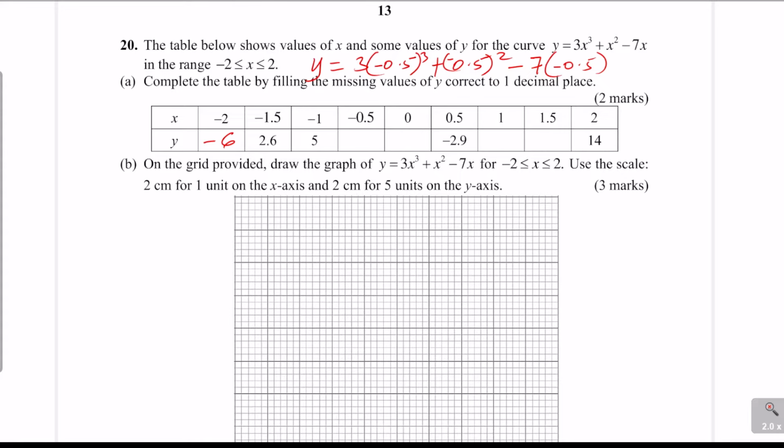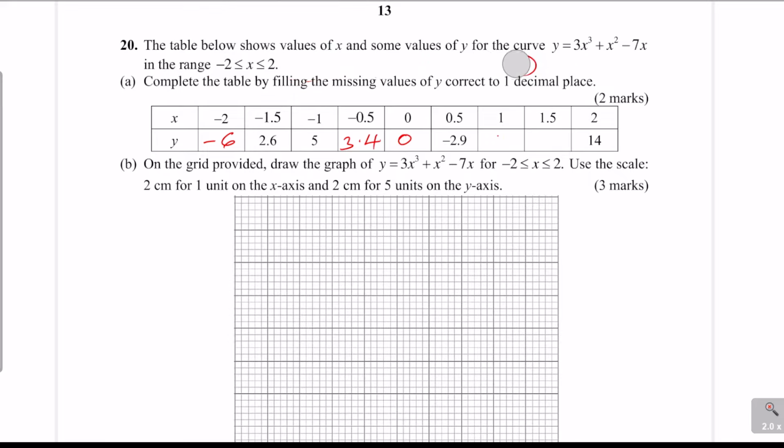Feed that in the calculator the way it is, and you will get positive 3.4. The next one is 0. So y is equal to 3 times 0 cubed plus 0 squared minus 7 times 0. That one gives 0.